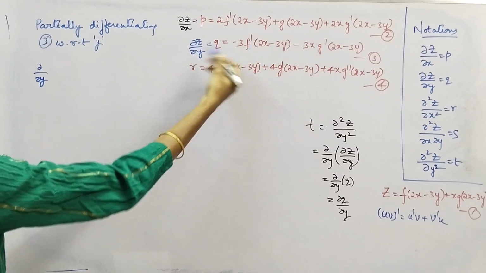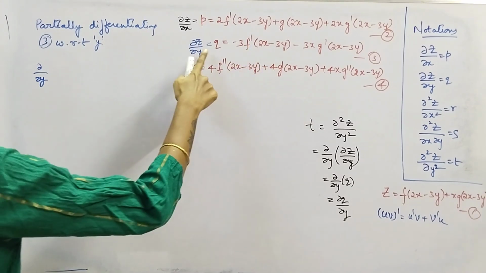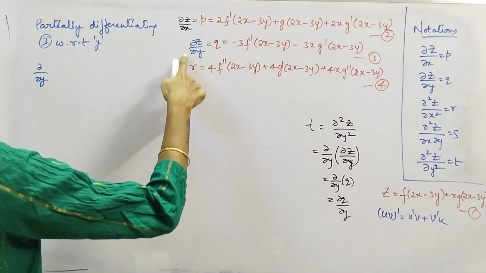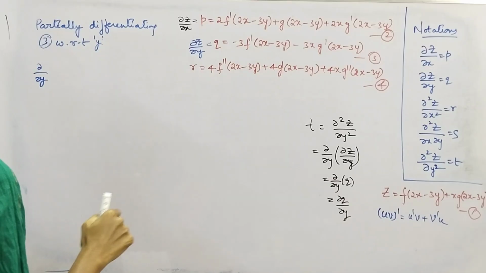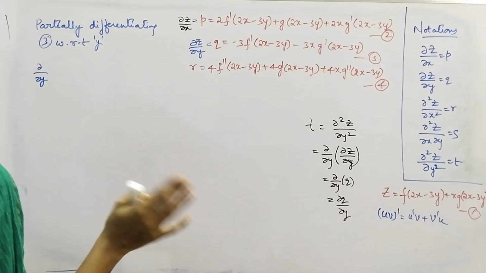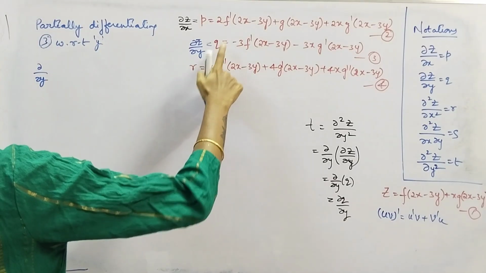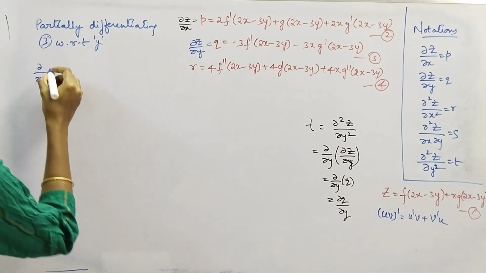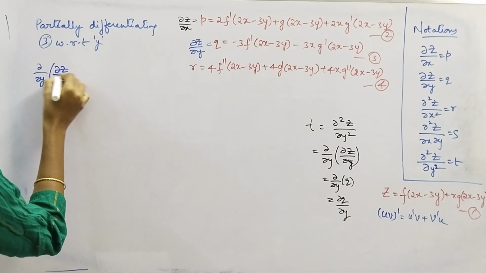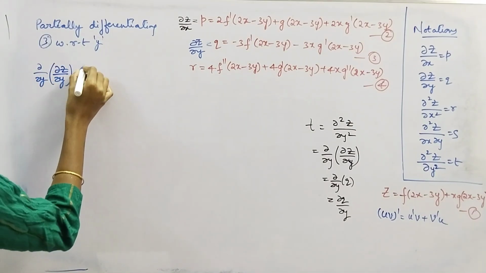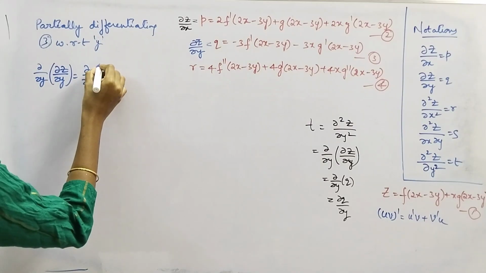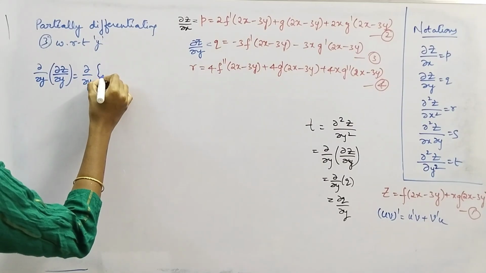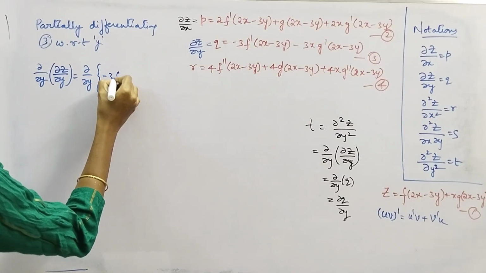Just apply ∂/∂y on both sides of this equation. Instead of taking q, I'm going to take ∂z/∂y for my convenience. If you're really good at finding partial differentiation, you can just take q also. The RHS part of equation 3.